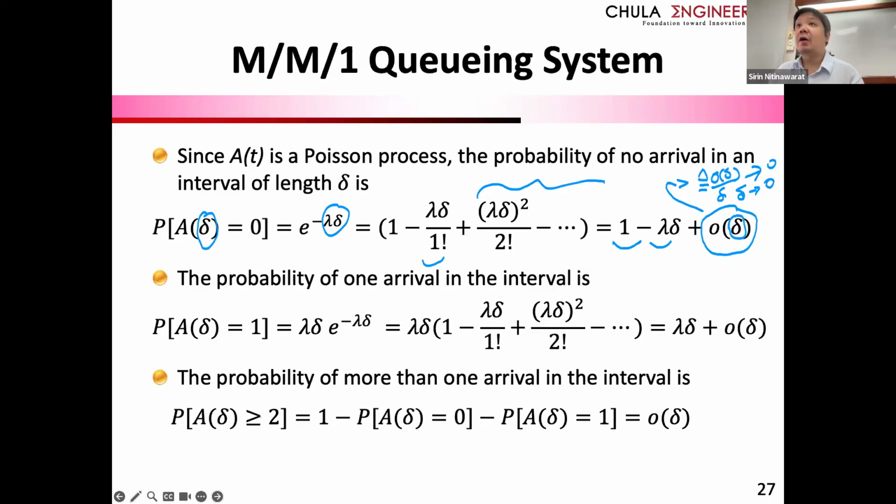So it's not a concrete number; it is any quantity as a function of delta that satisfies this condition. And in our context, this little o of delta is everything after the first two terms.